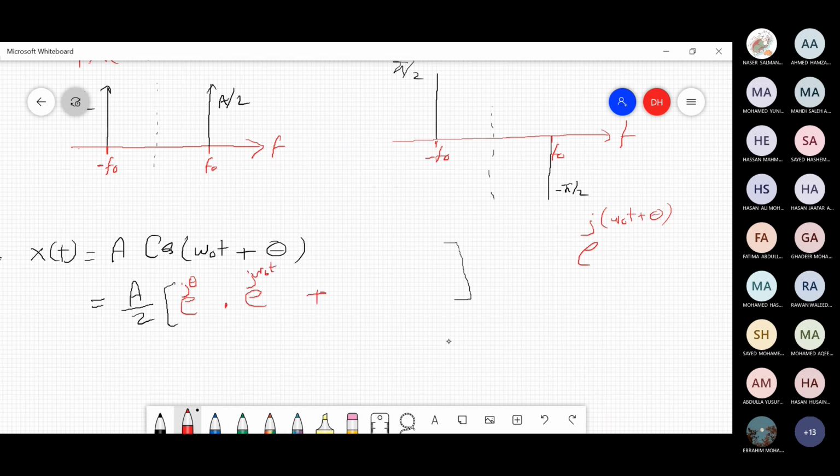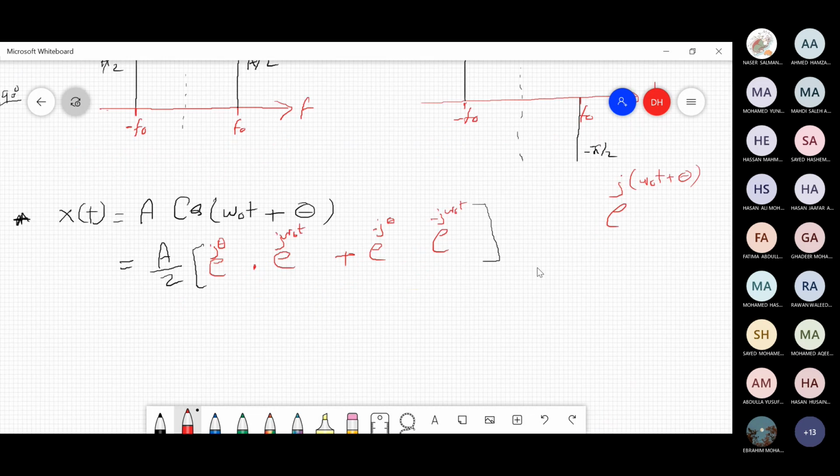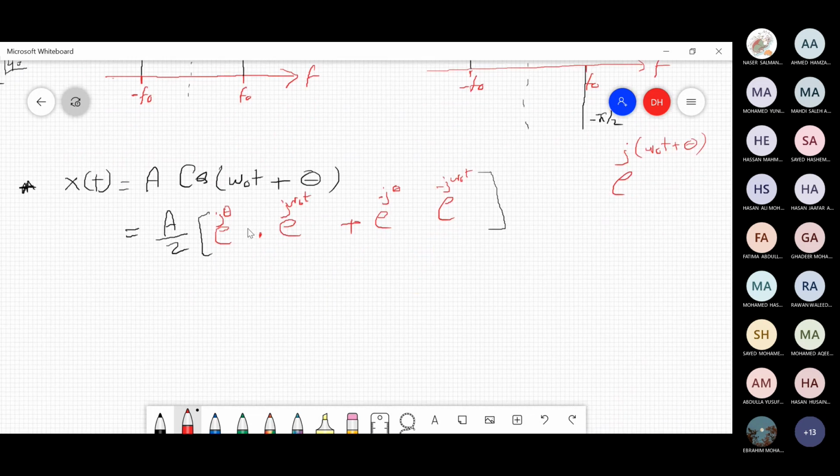Similarly, with a minus, it will be equal to e to the power of minus j theta multiplied by e to the power of minus j omega naught t. This, with respect to t, is constant.